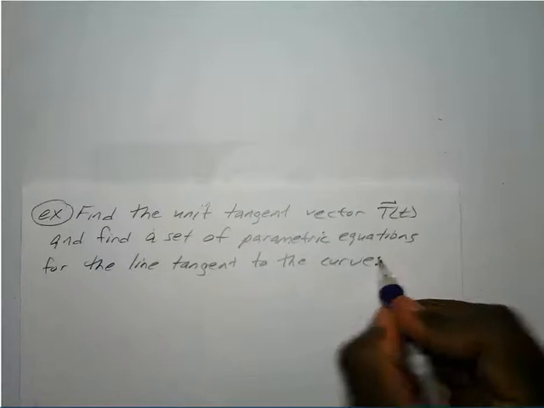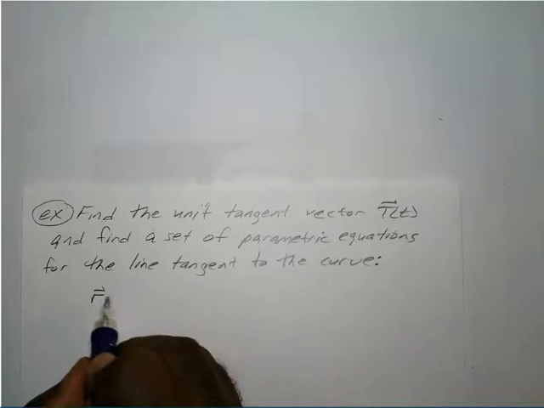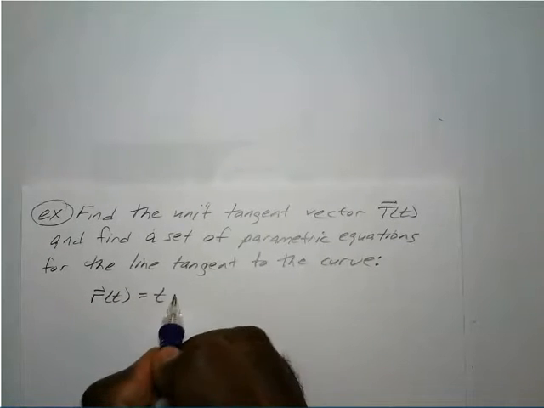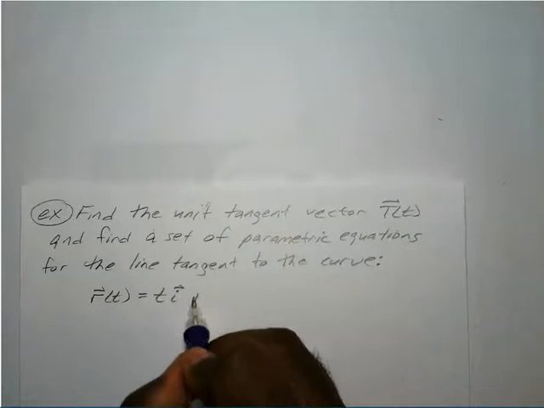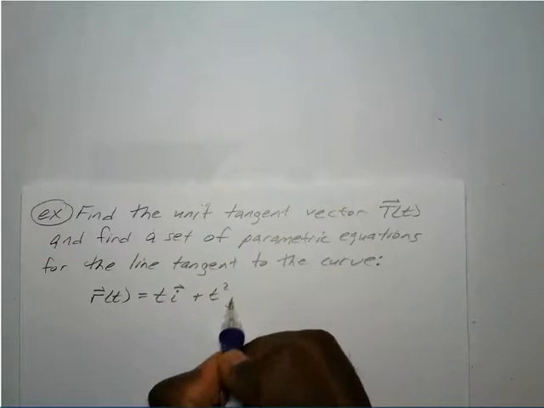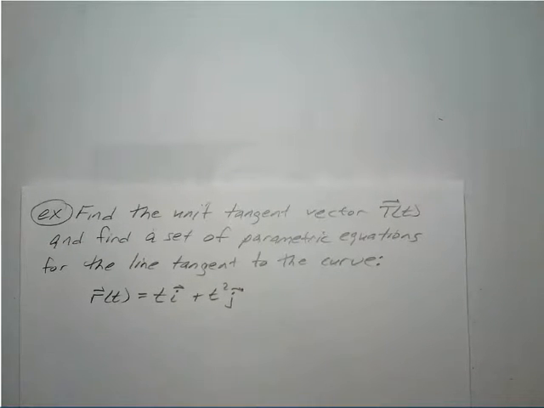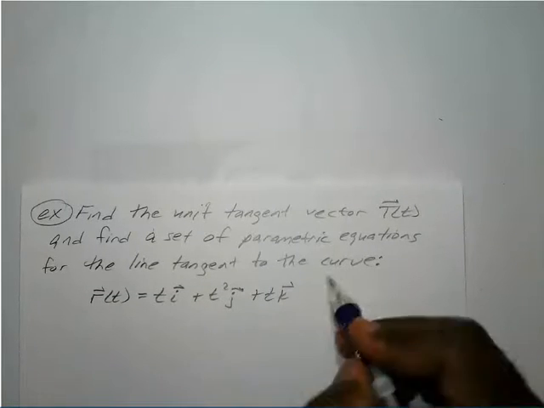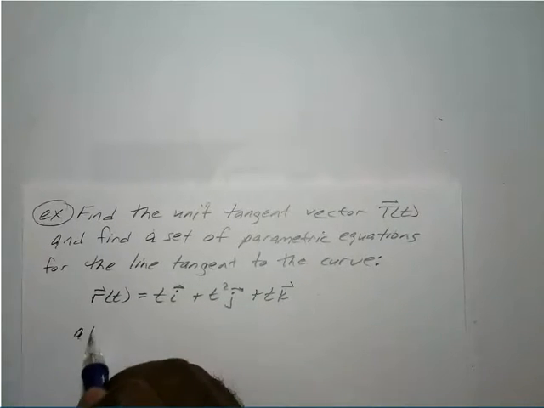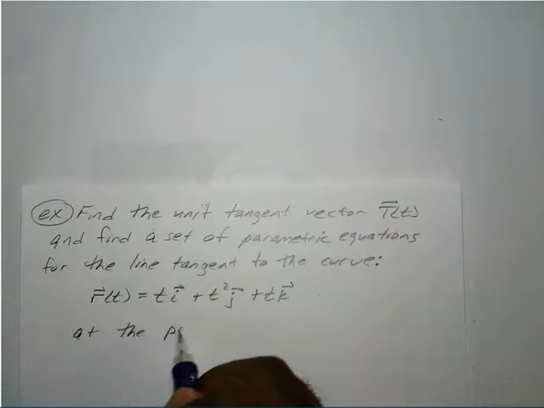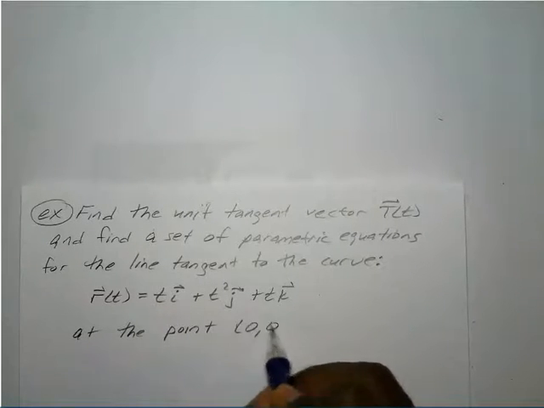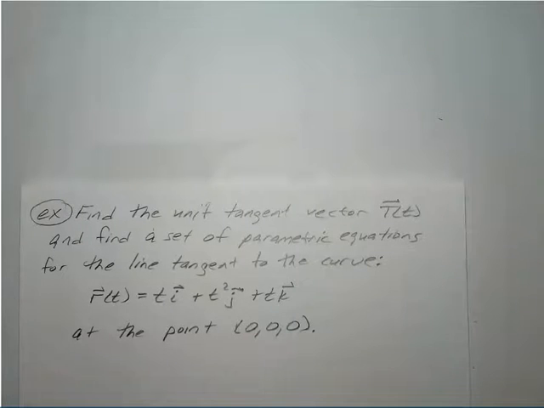Okay, so our curve, our vector r of t, is equal to t times your i vector plus t squared times your j vector plus t times your k vector at the point 0, 0, 0.